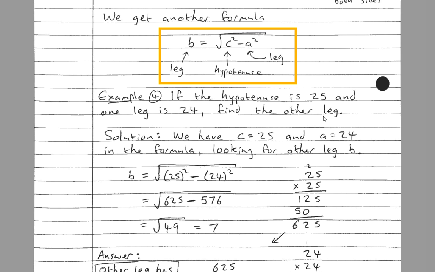What's the other short side? Okay, so this 25, that's the c. One leg, that's the leg we know, so that's the a. And we're looking for the other leg, that's the b.